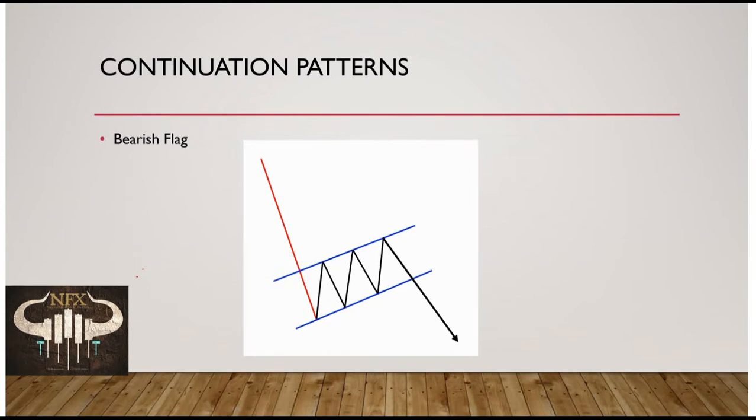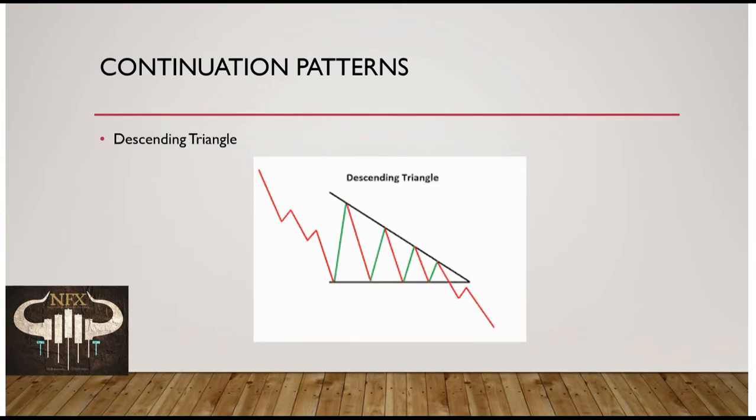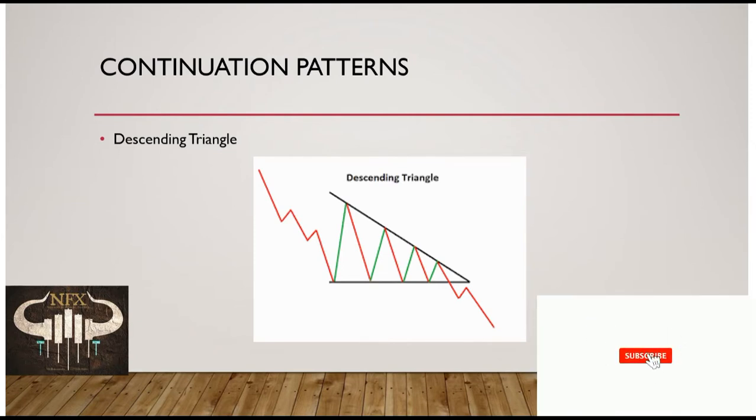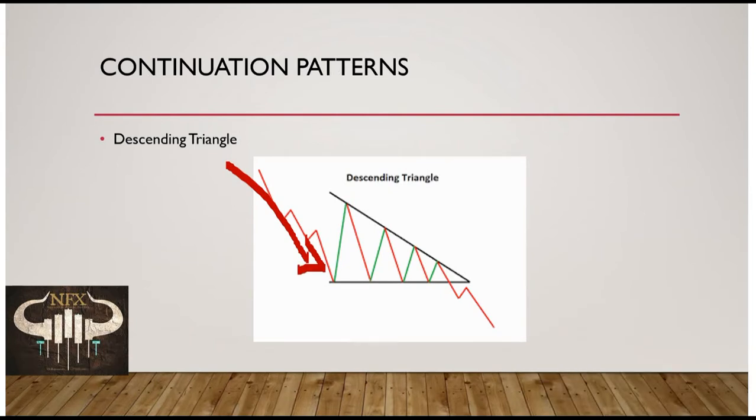The next one that we have is a descending triangle. This one is pretty straightforward. Since it's descending, meaning downwards, the market is in a bearish trend, and then you have a consolidation that forms a triangle. As you can see, the triangle is in this form.